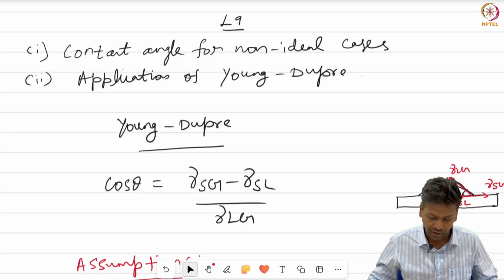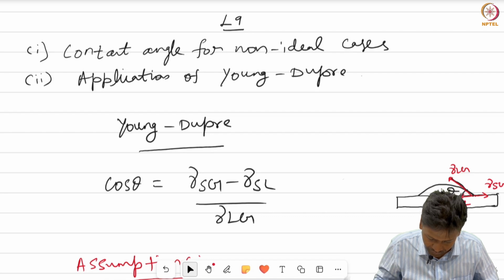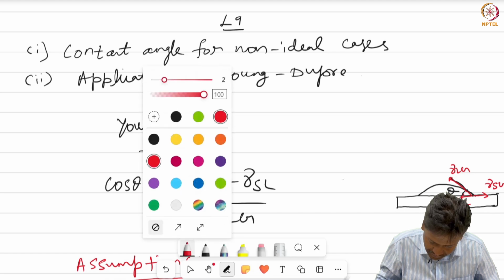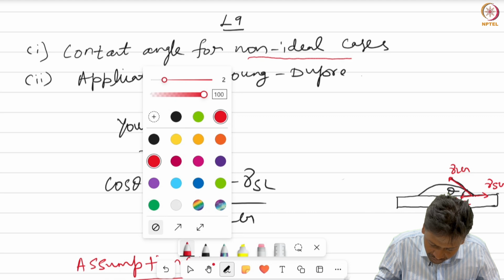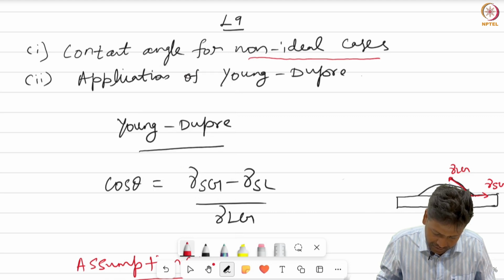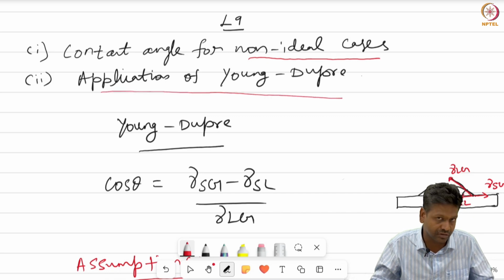As I just mentioned, we will look at the contact angle for non-ideal cases. And apart from that, we will also look at the application of the Young-Dupre equation in this lecture.